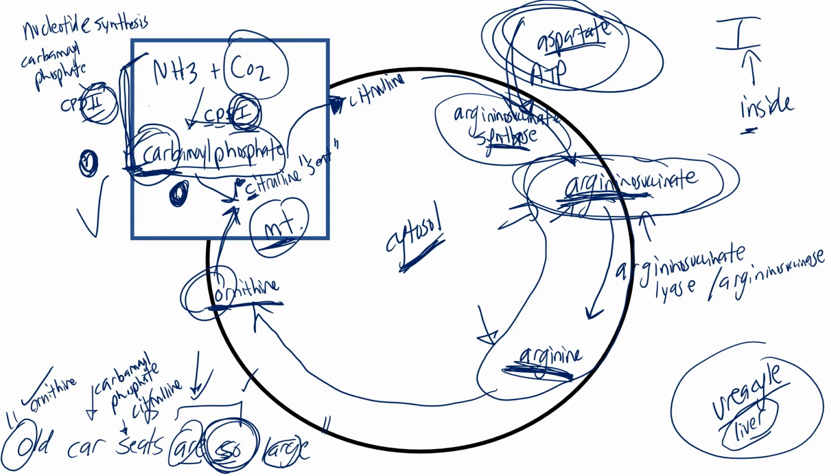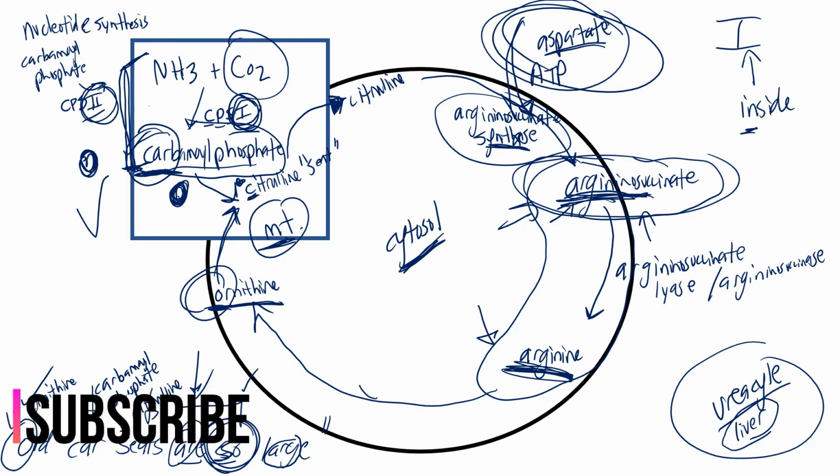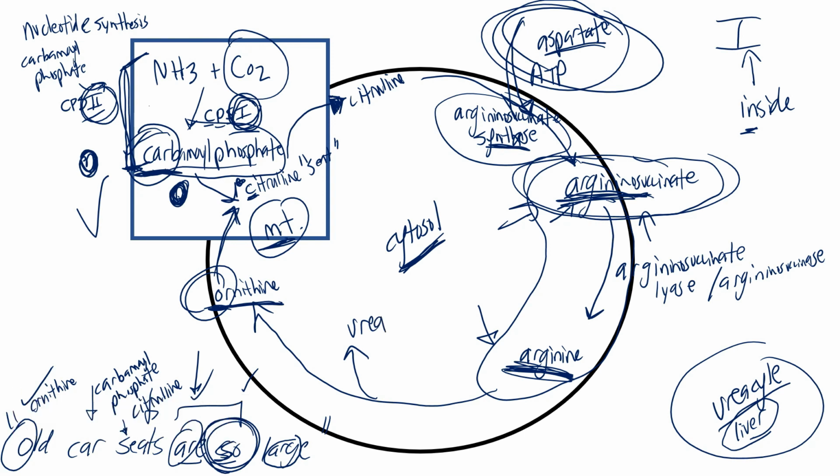Now, in this step, arginine going to ornithine, it releases something, and it's the most important part of the whole pathway. Arginine going to ornithine releases urea. And urea was the whole thing we were trying to form the entire time.